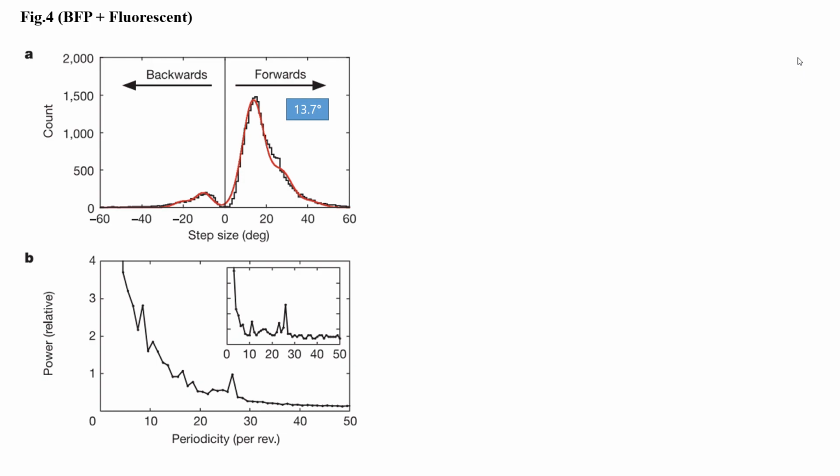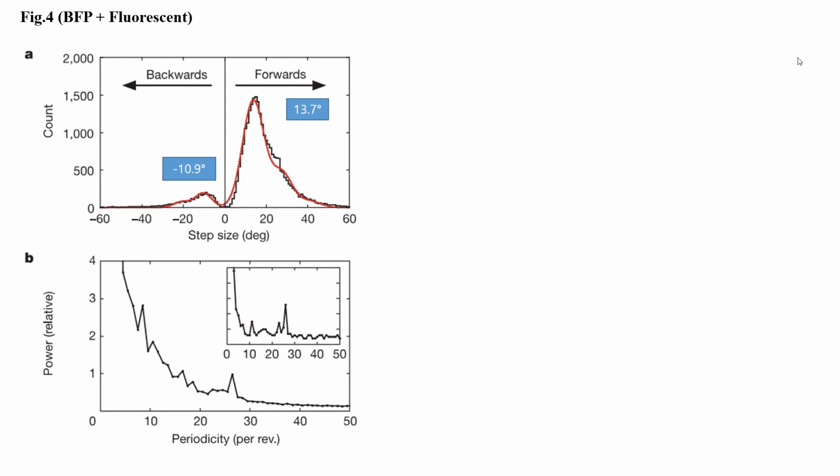By fitting the multiple Gaussian fit, we see that the dominant step size is 14 degrees per step. We also see a backward step that is in the size of 10.9 degrees.